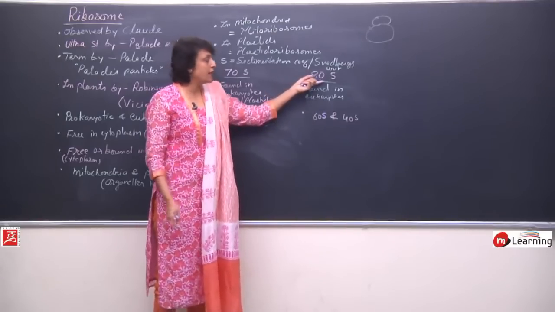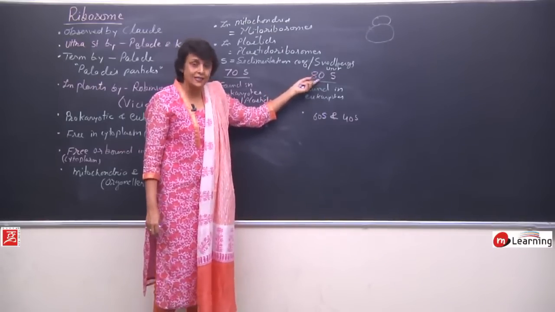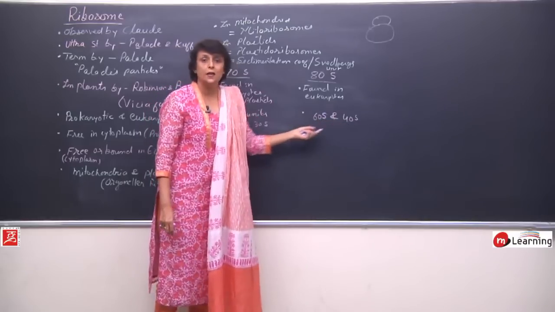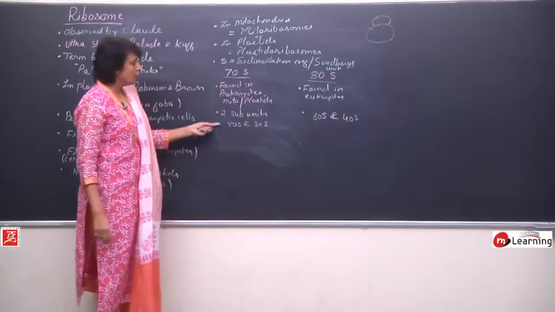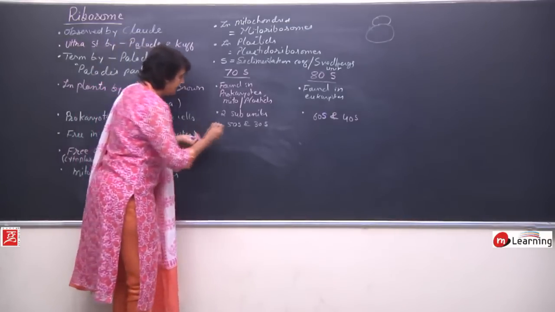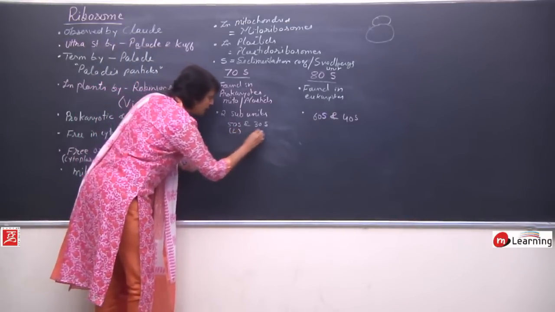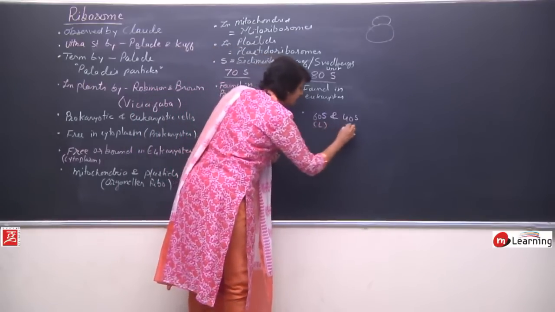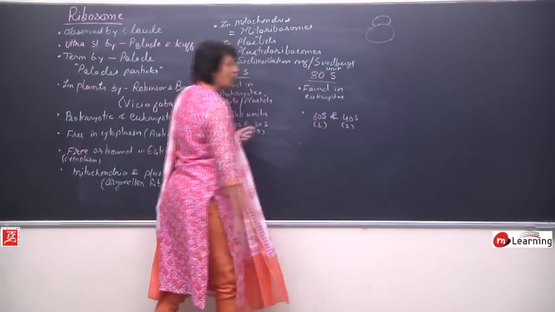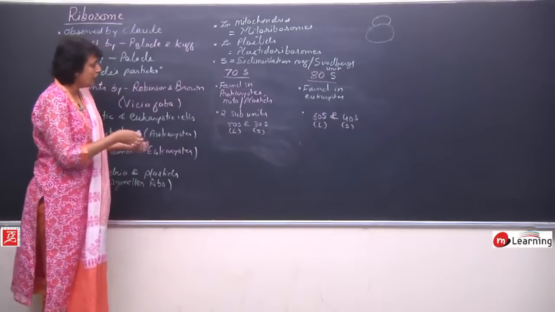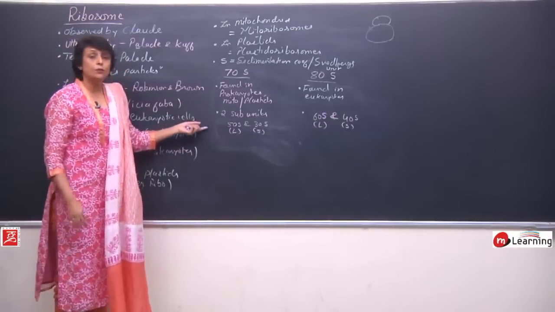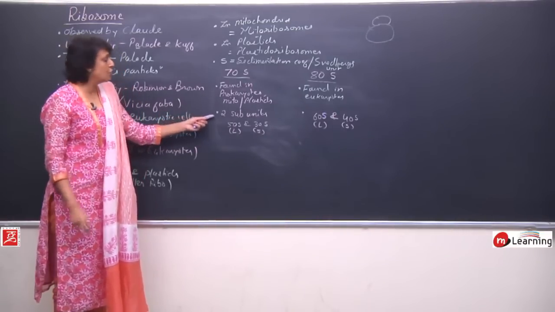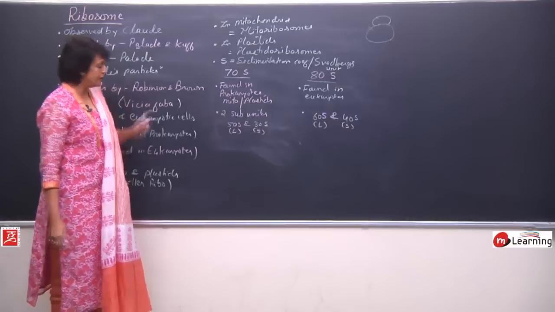As a whole, it would sediment at a rate of 80S, and individually they would sediment at different rates. Normally, these subunits remain separated. They would join only at the time of protein synthesis.